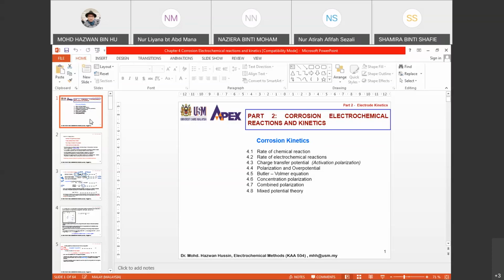Other than that, we have anodic protection. Anodic protection can be classified as a very special protection because if cathodic protection is not effective, especially in acidic and highly alkaline conditions, then anodic protection will be applied. In this case, the metal to be protected will become the anode.